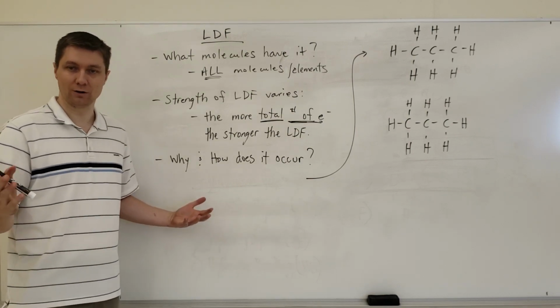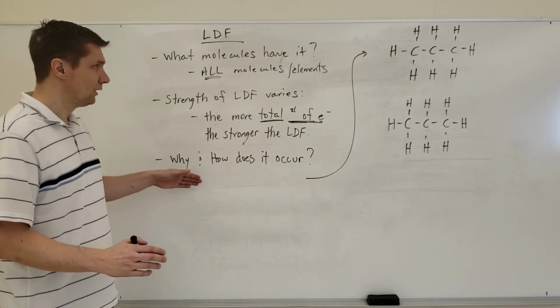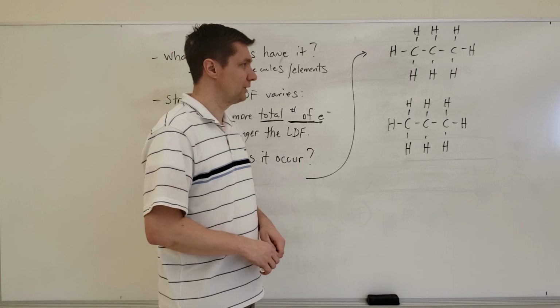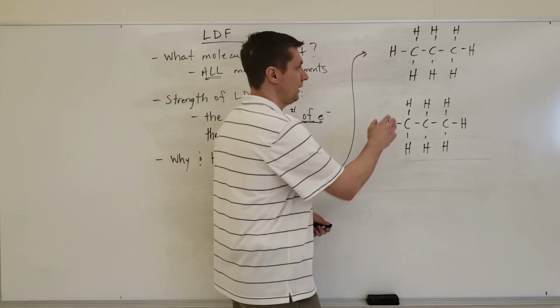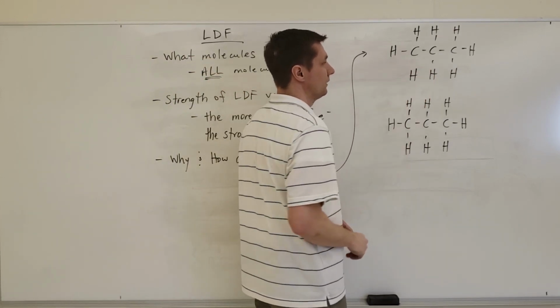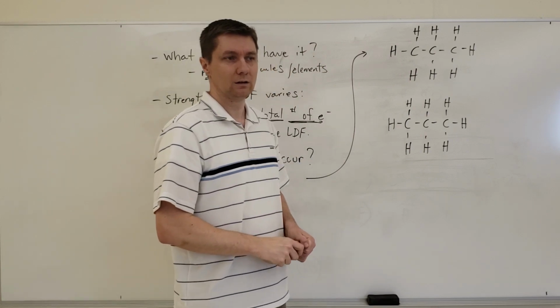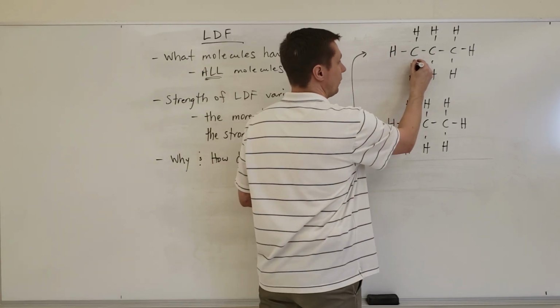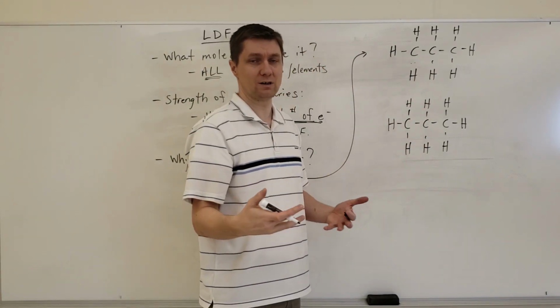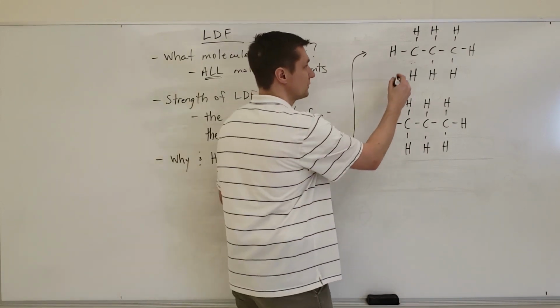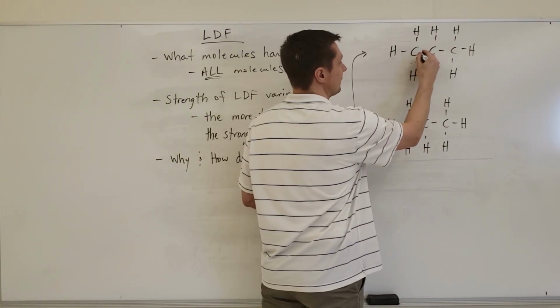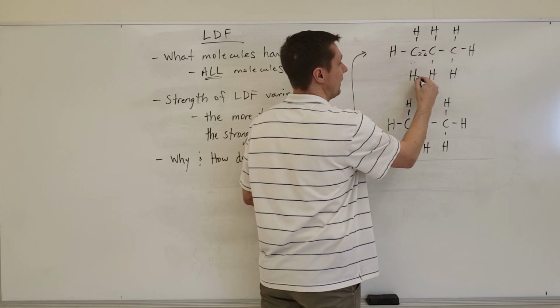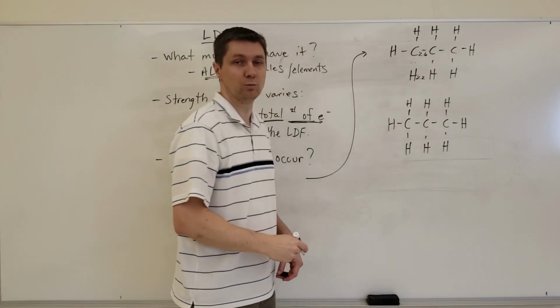Now, how does this occur exactly? Well, I've got an example over here that I'll run through with you guys. If you remember, electrons in these bonds here can be shared equally or unequally. It depends on the electronegativity of the atoms within those molecules. In this case, carbon has an electronegativity of 2.6 and hydrogen has an electronegativity of 2.2.